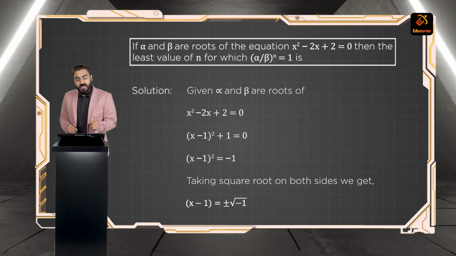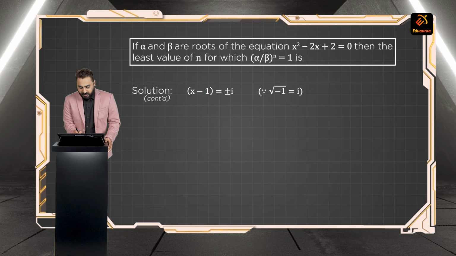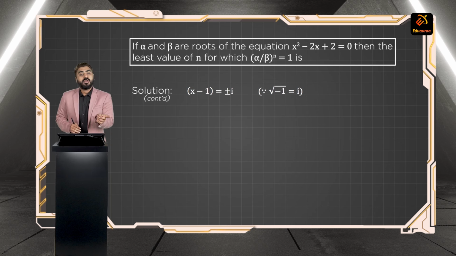So when we write root of minus 1, now students, we have two values, positive and negative. So we will be writing this as plus minus root of minus 1. And we all know that root of minus 1 is i. So x minus 1 is equal to plus minus i. From this, we get two values of x. What are the two values of x?